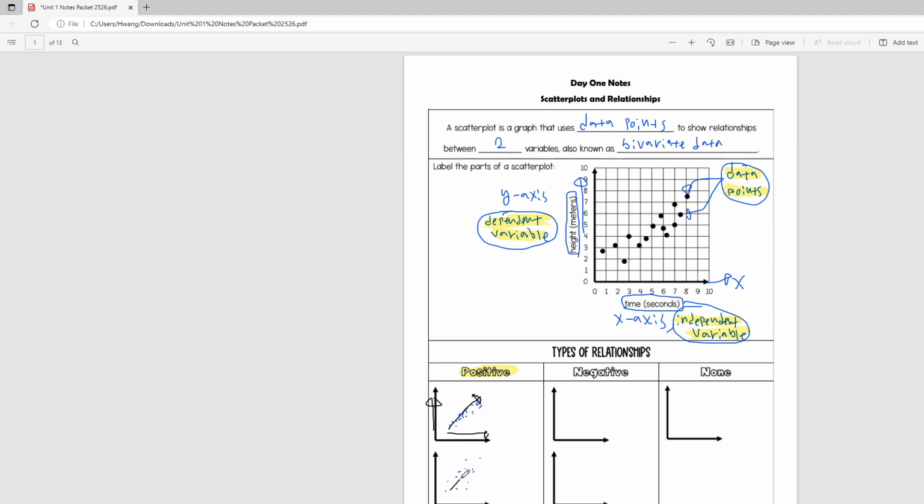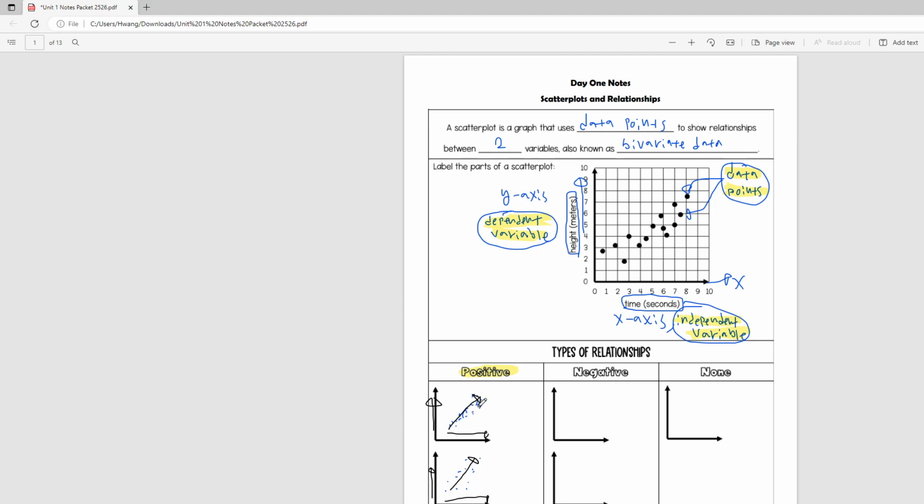And also here, even though the data points are kind of scattered, not together, as the independent variable increases, the dependent variable still slightly increases. But there is a difference between these two positive scatter plots.